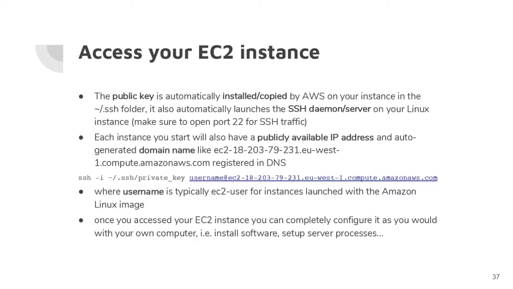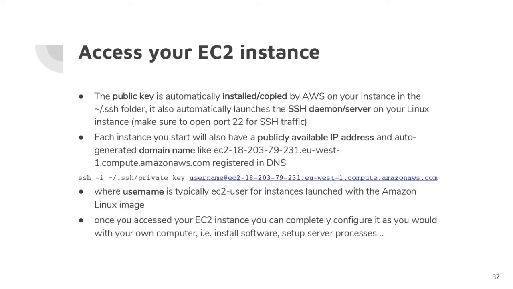So if you launch a new instance, you can download the key. The public key is automatically installed on the server. The server also has an SSH process started that listens for and is available for getting messages for remote commands.